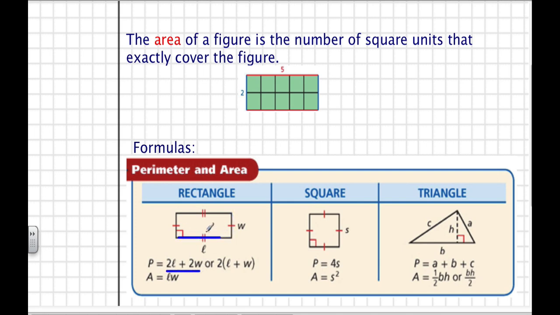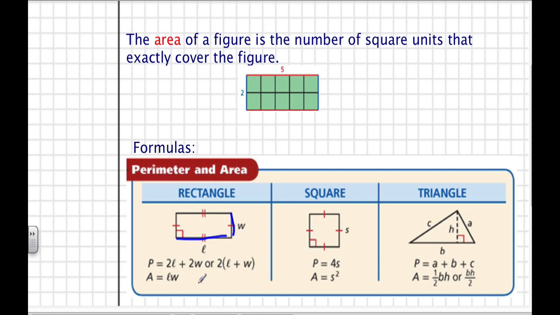I have 2 lengths, and I have 2 widths. So I'm just going to add those together. Length plus width equals 2 lengths plus 2 widths. The area, on the other hand, is the length times the width.